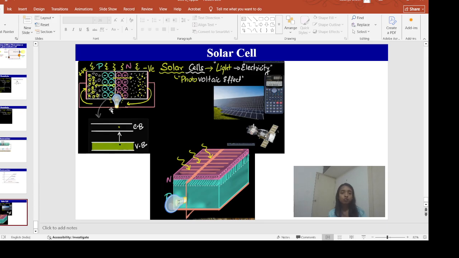In the photodiode we were using reverse biasing, but in the solar cell we are not using any biasing. So what happens when you are shining light on this PN junction diode? In the N side we have the electrons, in the P side we have the holes, and at the junction we have the depletion region, where we have the immobile donor ions and the acceptor ions.